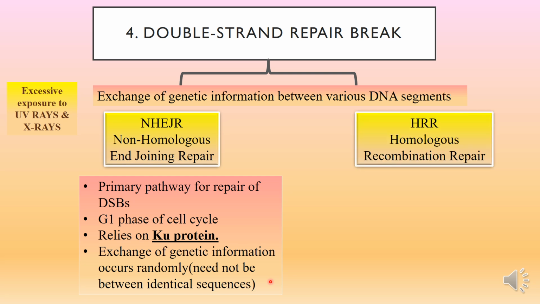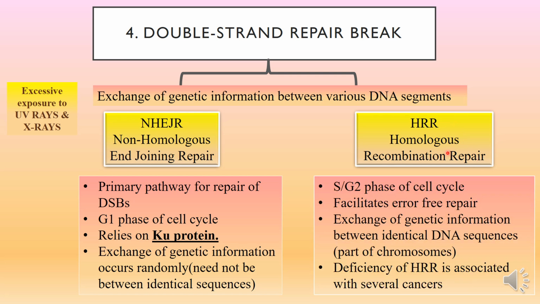The second mechanism is the homologous recombination repair mechanism, which is abbreviated as HRR, and it is a preferred mechanism in the S and G2 phase of the cell cycle. It facilitates error-free repair. It maintains the genetic integrity.